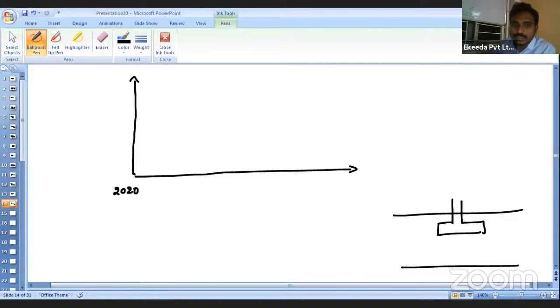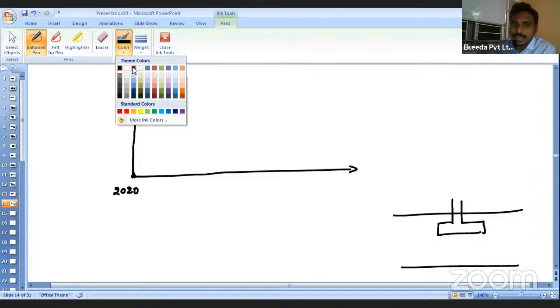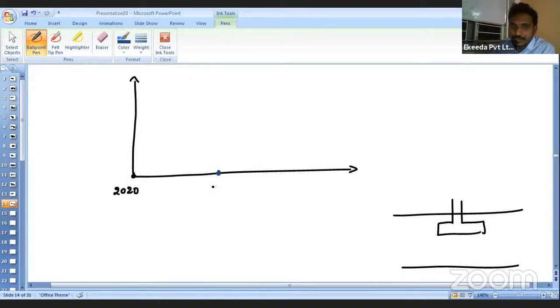So I want to start construction from 2020, and I want to finish it by 2024. So how much time am I taking for the complete construction, or for the complete action of the load acting on the clay layer or soil deposit? I'm taking 4 years.